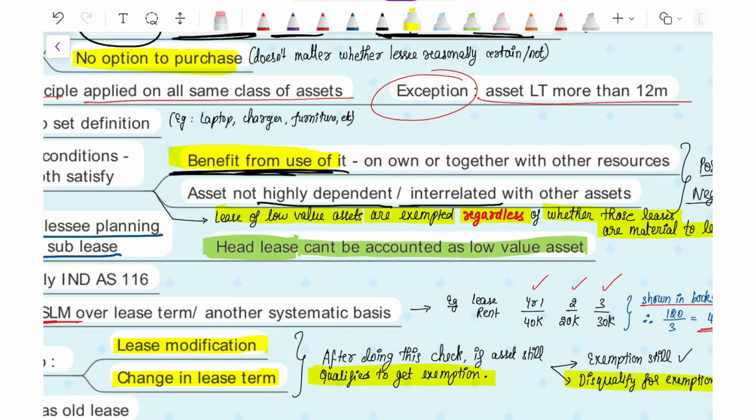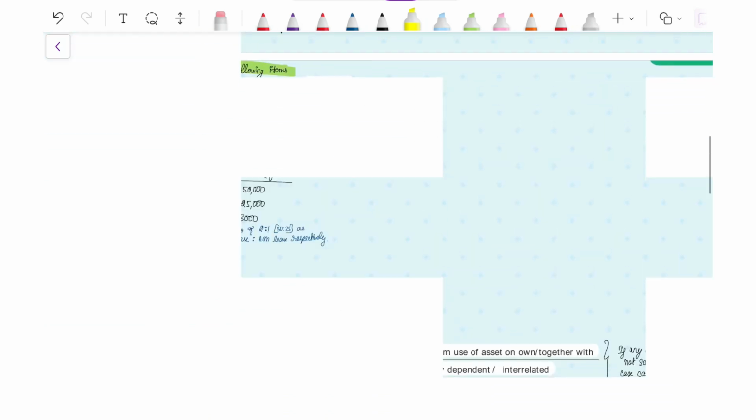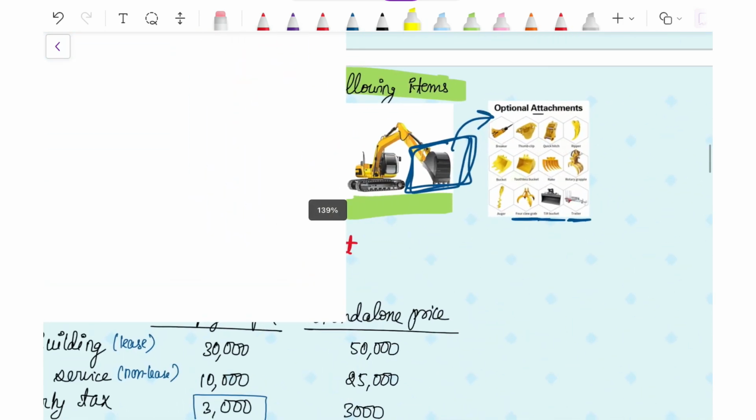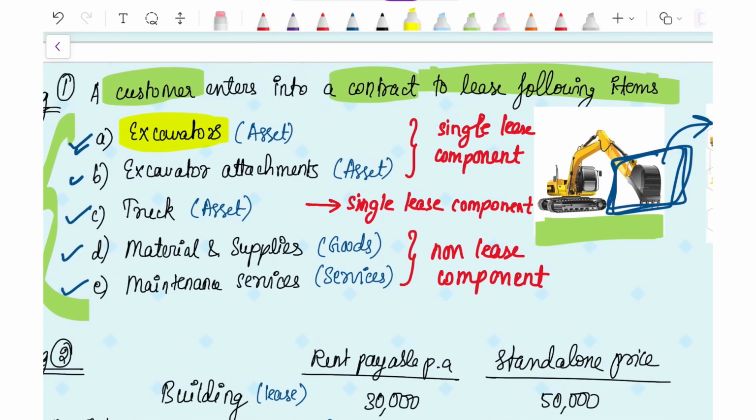By using the excavator, you will get benefit out of it on its own. Second, the excavator is neither highly dependent nor highly interrelated with other assets. Since it is fulfilling all of these conditions, this excavator can be known as a lease component.